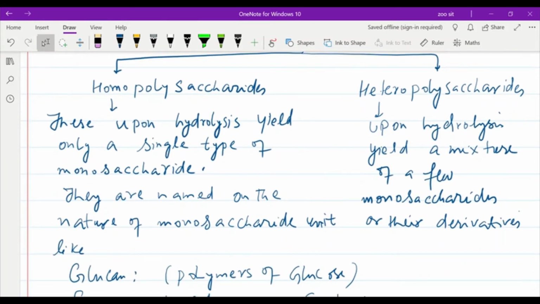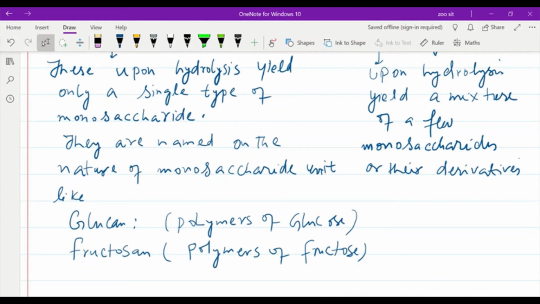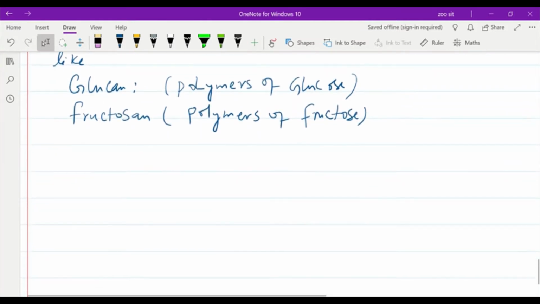So this is about the homopolysaccharides and heteropolysaccharides. Let's take up homopolysaccharides now.